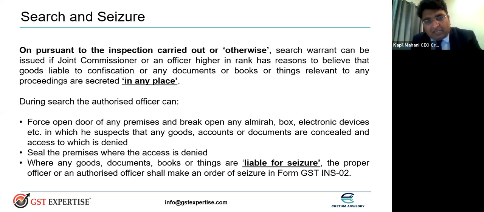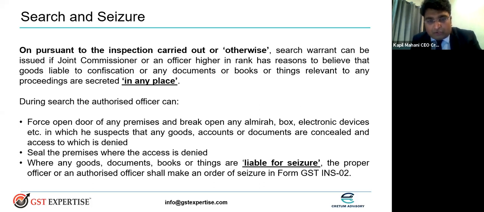A search warrant can be issued if a joint commissioner or an officer higher in rank has a reason to believe that goods liable to confiscation or any document or books or things relevant to any proceedings are secreted at any place. So now the powers of the officer have widened from the place of business to any place, which may not even be a place of business.